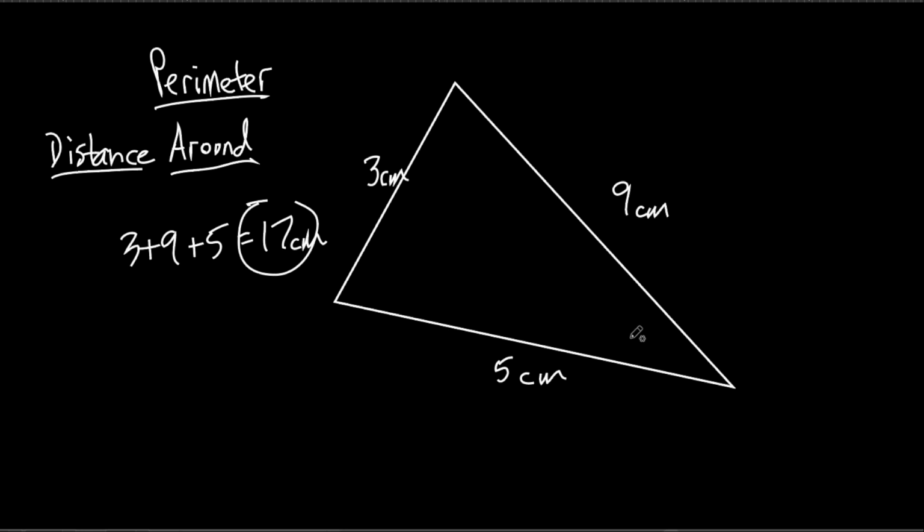Area would be measured in what? Centimeters squared. Some people get mixed up on it. When all you're doing is just adding up a distance, are you going to get a squared out of it? No, you just get centimeters. If I add up a 3, a 9, and a 5, your answer is just 17 centimeters. Or inches, or miles, or yards, or whatever they give you at the time.